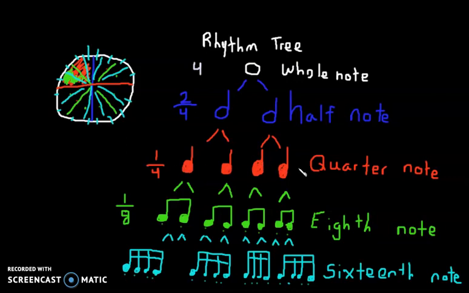It takes 4 quarters to make a whole, and 8 eighth notes to make a whole, and 16 sixteenth notes to make a whole. And as our rhythm tree goes further down, the smaller the fraction, the smaller the notes are, so the faster the notes are.